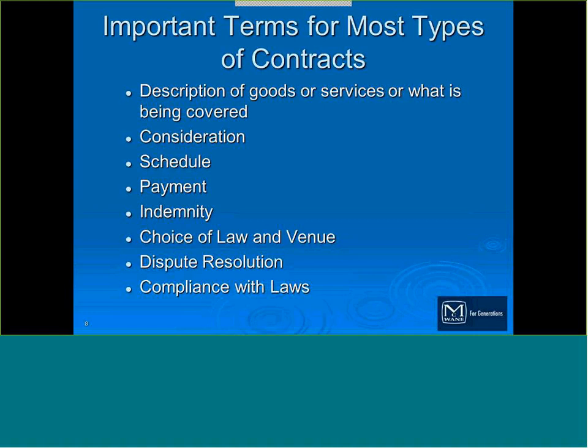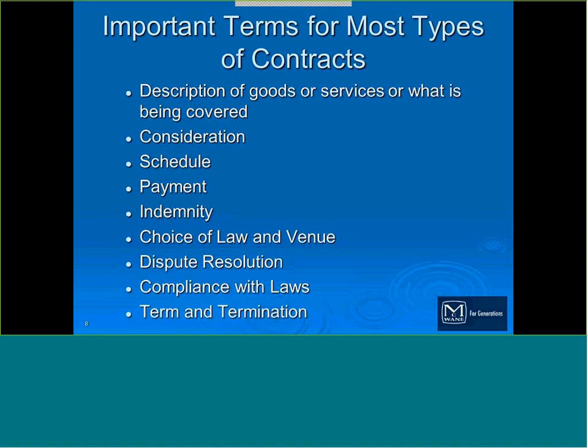So it's important to make sure that there's something that requires the parties to comply with those laws. And again, especially important in international contracts because of the anti-bribery, anti-corruption aspects.